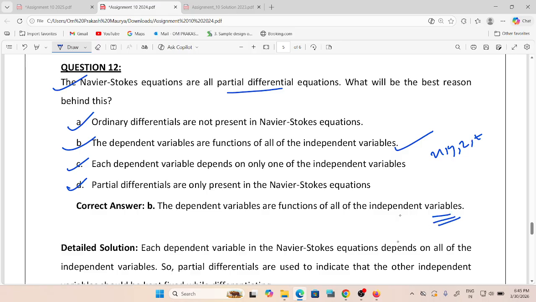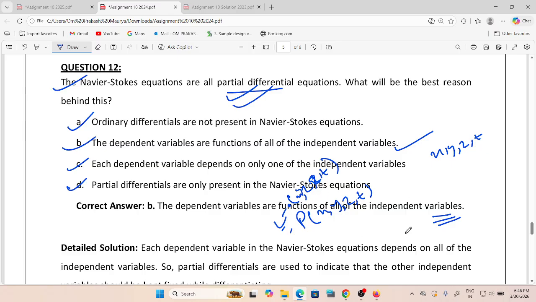You know already which are independent and dependent: independent are x, y, z and t. Remember please, that is the reason why the Navier-Stokes equation is a partial differential equation. Your dependent variables, the velocity and the pressure, are all functions of x, y, z and t. That is velocity in the x direction, y direction, z direction, and pressure. So just think on that.